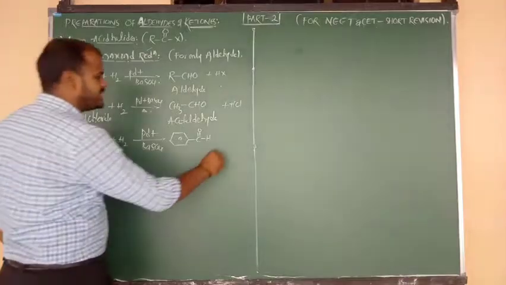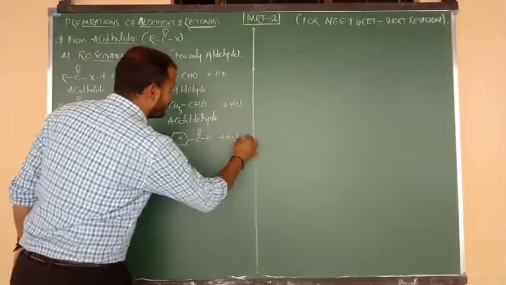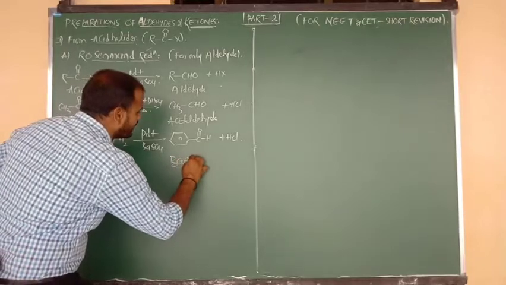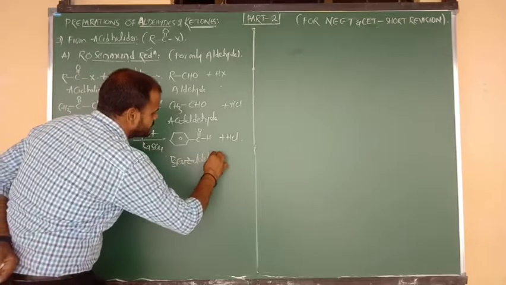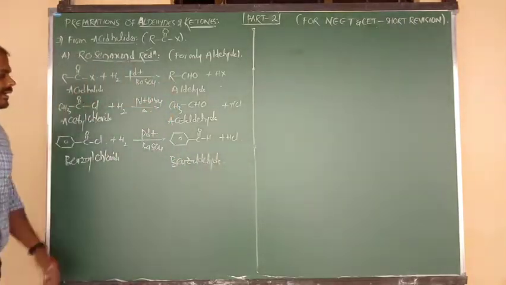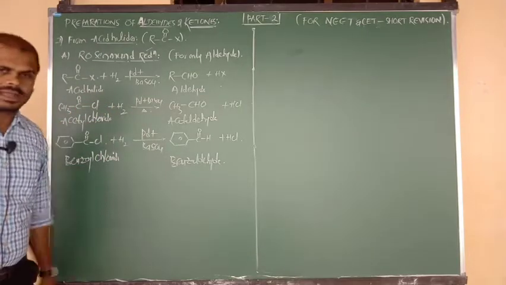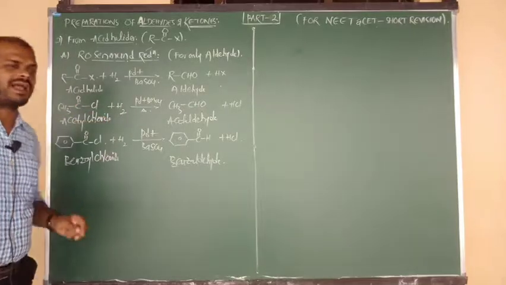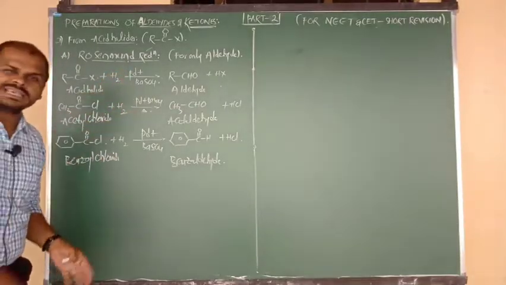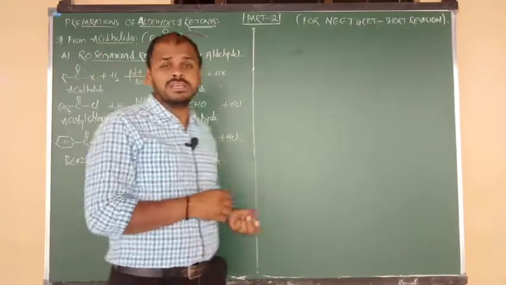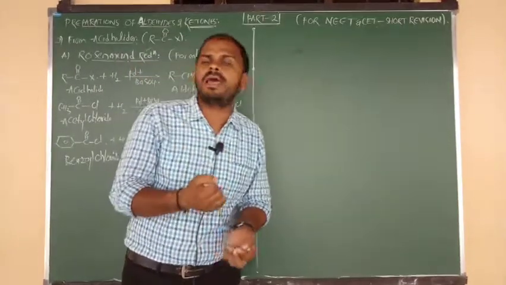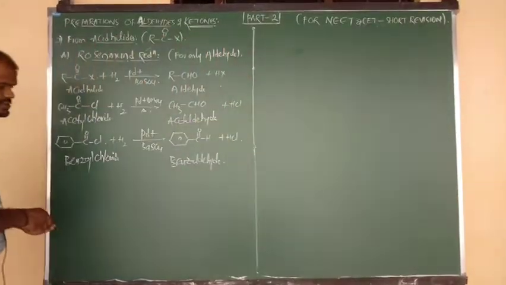H combines with Cl and is eliminated in the form of HCl. So here the final product is benzaldehyde. Acetyl chloride on reduction gives acetaldehyde, and benzoyl chloride on reduction gives benzaldehyde, by using Rosenmund reducing agent. What is the formula of Rosenmund reducing agent? Pd plus BaSO4, palladium plus barium sulfate.